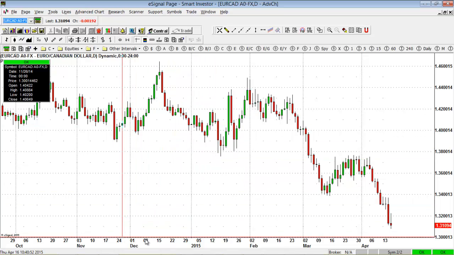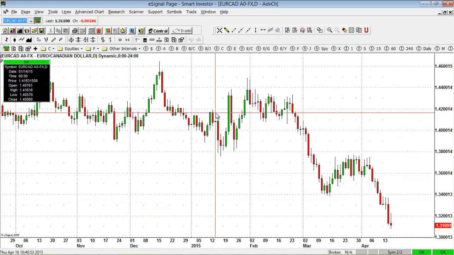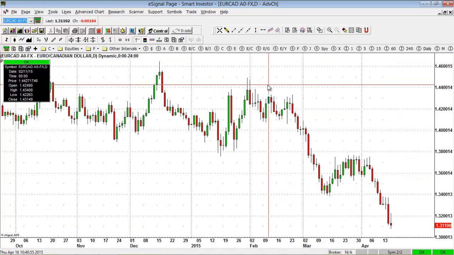So that's what I was saying yesterday, and the converse is true, where you could have a system that is, I use the example of 30% accurate. That means you'd have 3 winning trades and 7 losers.